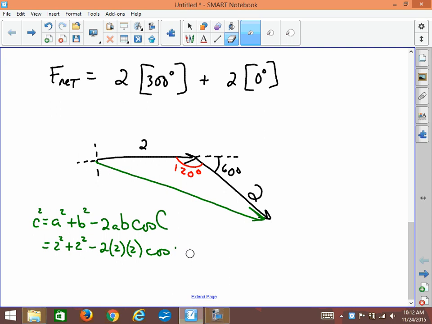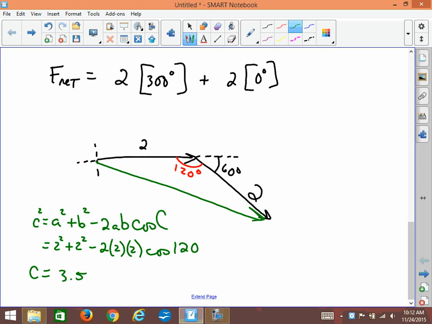We want the interior angle there, the contained angle, right? Cos of 120. So if we crunch out that number, and someone does it with me to make sure, this will be 2 squared plus 2 squared minus 2 times 2 times 2 times cos 120, then the square root. The answer I got was around 3.5-ish.